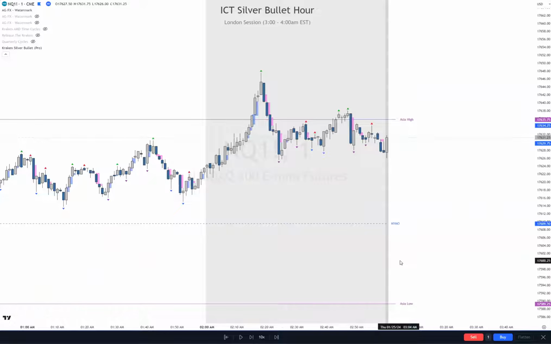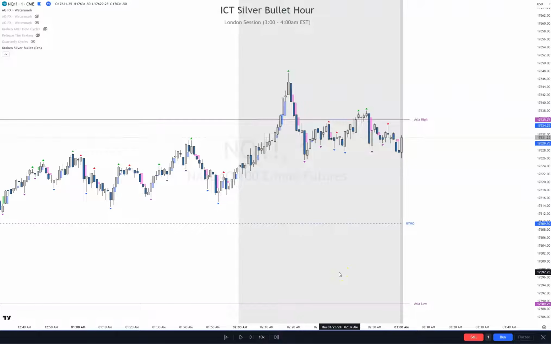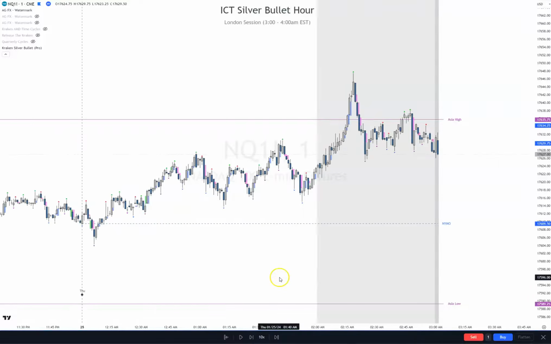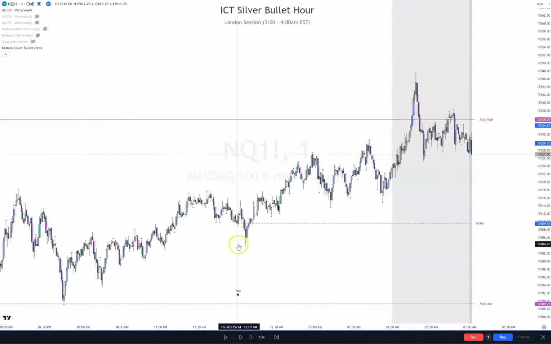Let's see what we get. There is a ton of liquidity right here. So if it takes liquidity in the middle of the range, that's what we got here, all this stuff. Look at all these failure swings all the way down.